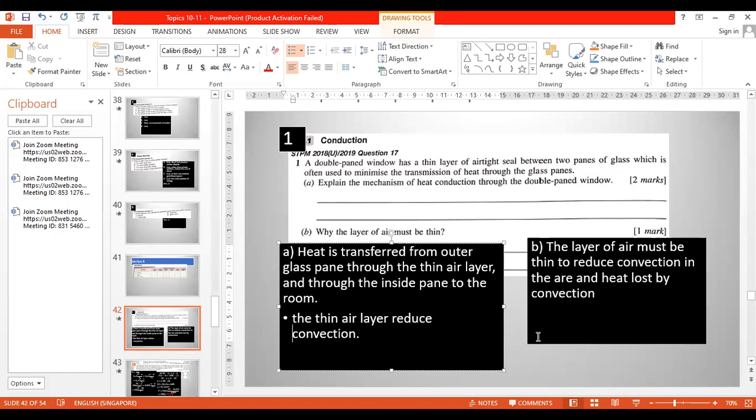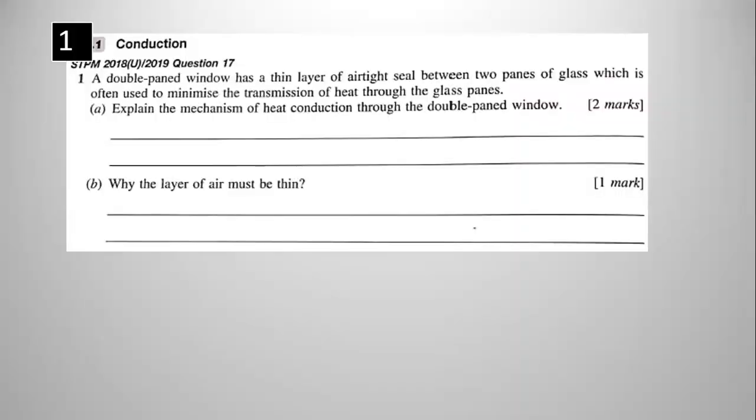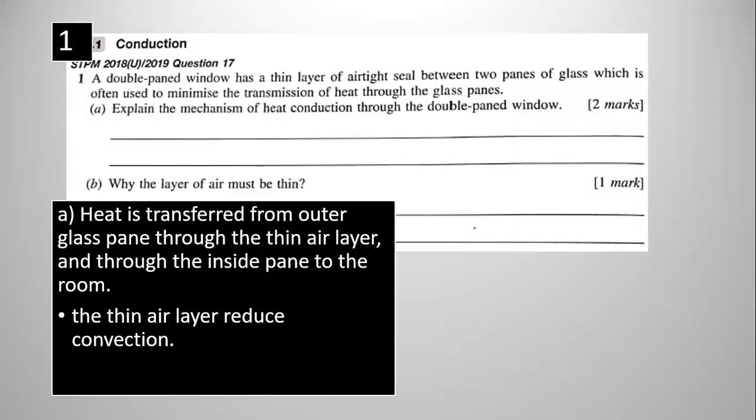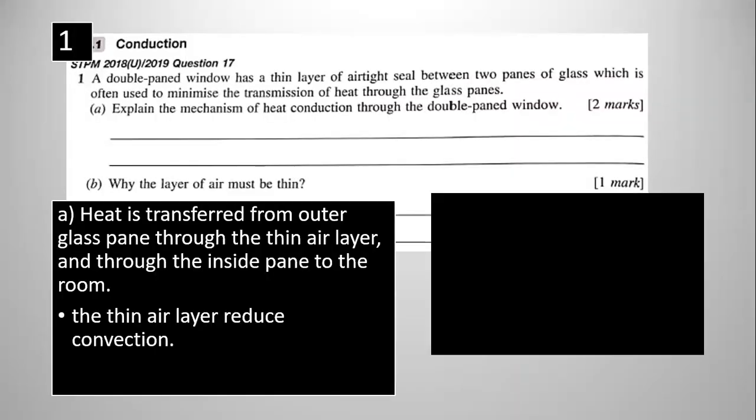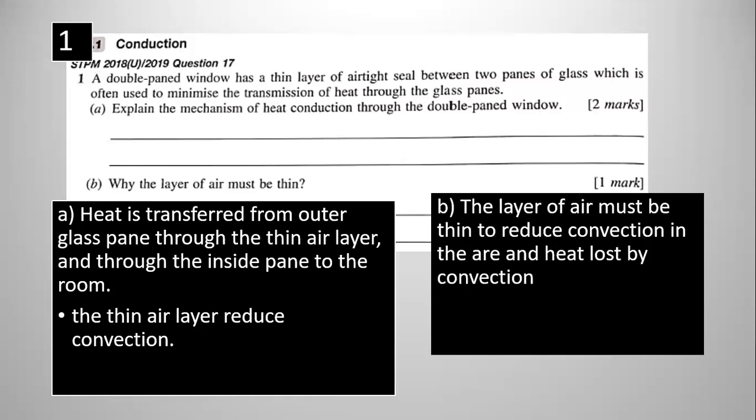Remember, you stop it, you do not allow the air to go out, so it's confined to a thin layer. It must be thin to reduce convection in the air and heat loss by convection. Okay with that?